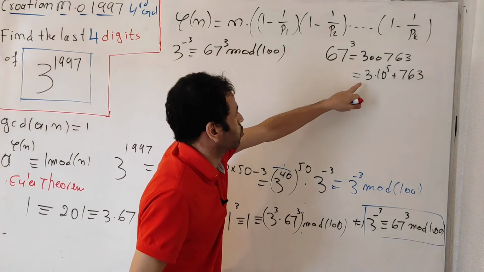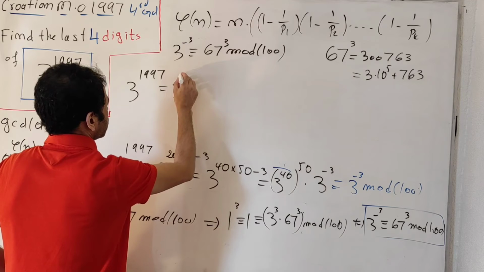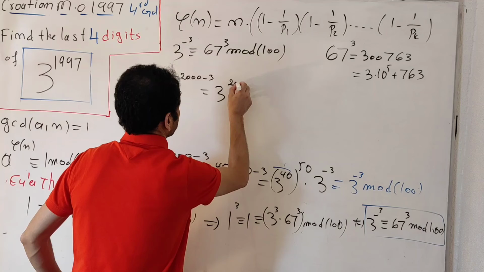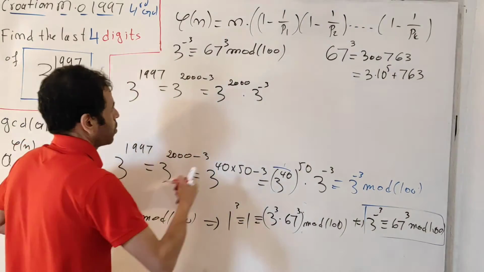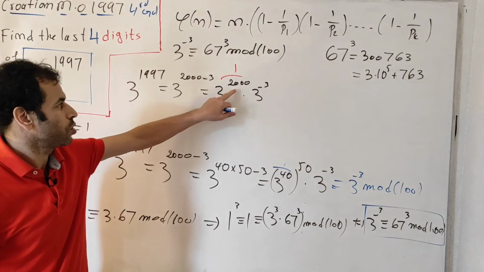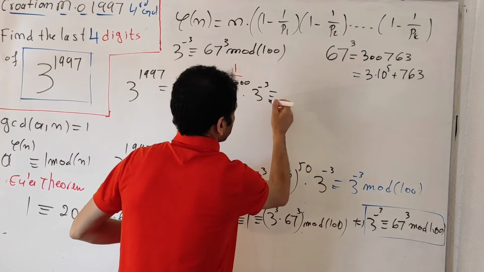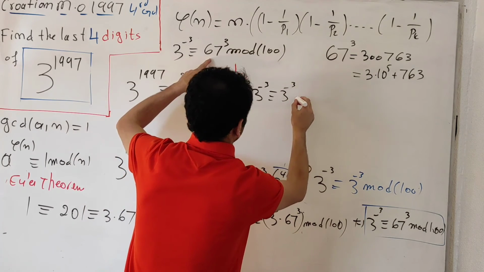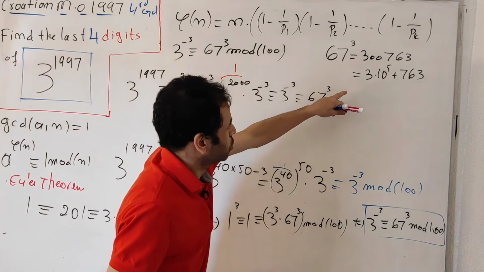As we have shown before, 3 to the 2000 multiplied by 3 to the minus 3, where 3 to the 2000 reduces to 1 mod 100. Then I will be left only with 3 to the minus 3, which is congruent to 67 cubed.